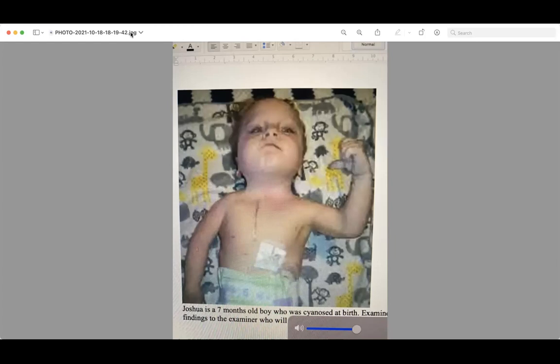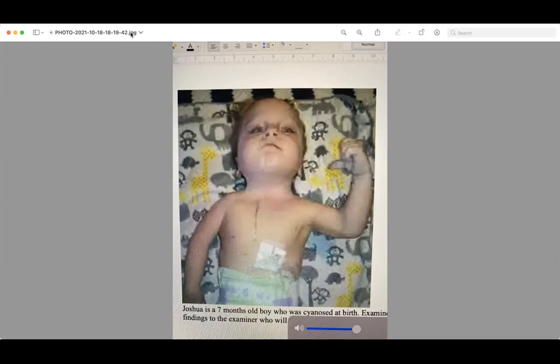Okay, and what are the other causes of this median sternotomy scar? It depends upon whether it is cyanotic or acyanotic. A median sternotomy scar is present when surgeries are done on the heart.